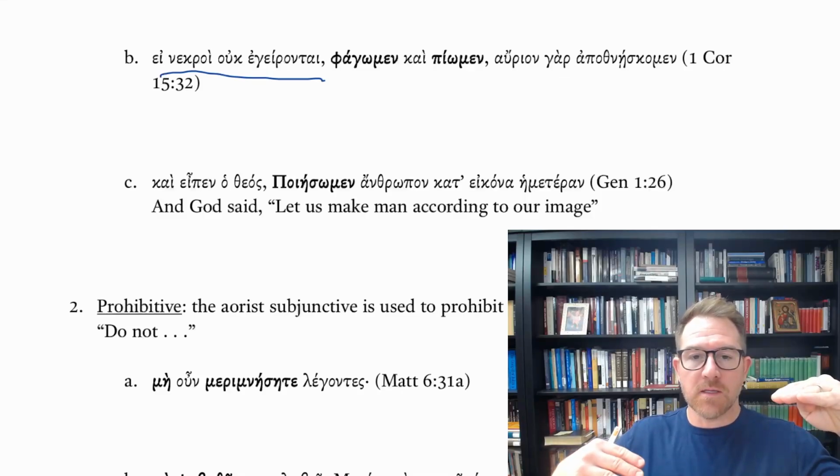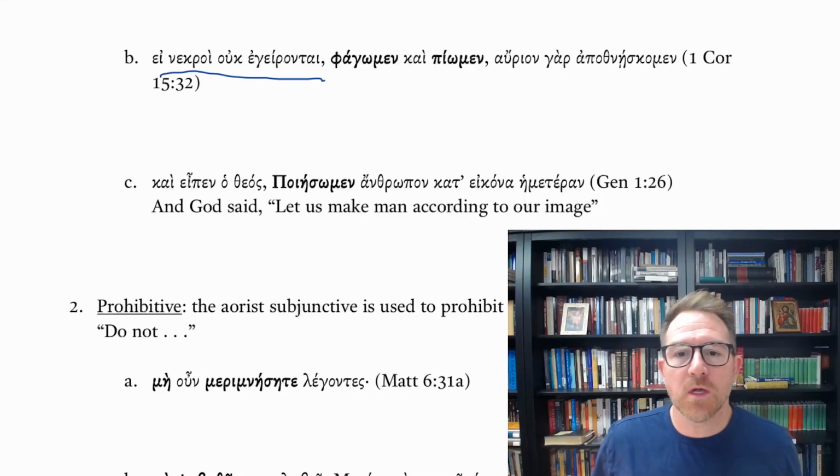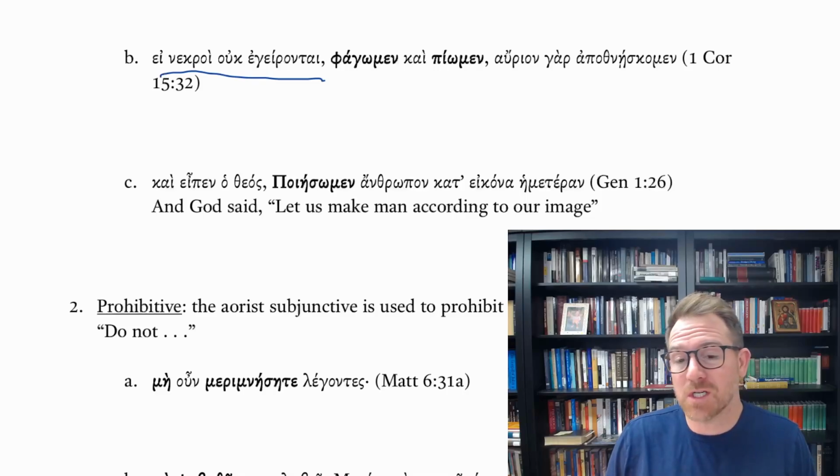Then the subjunctive, the mood of possibility: phagōmen kai piōmen, let us eat and let us drink. Why? Gar aurion apothnēskomen, for tomorrow we die. And so the hortatory subjunctive: let's just eat and drink because we're going to die anyway.